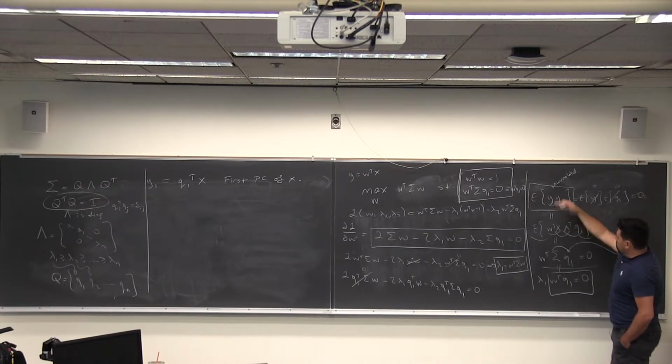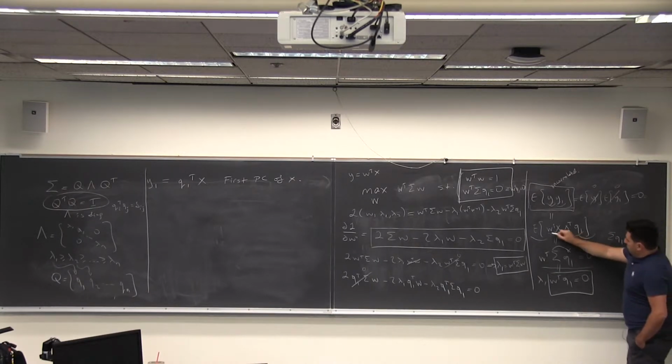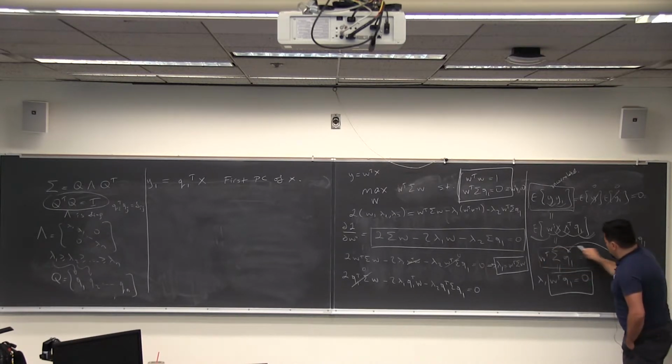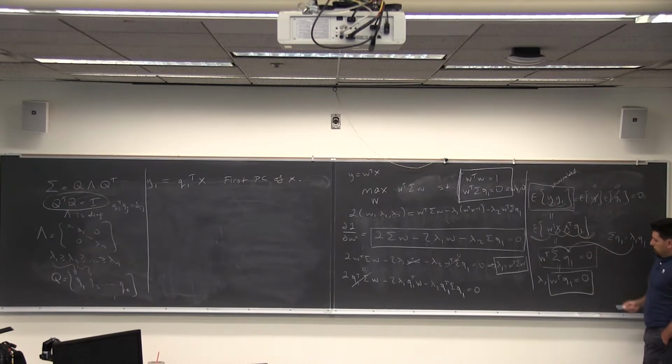Right? So that's plugging in the values. And then taking the constant vectors out of the expectation, so that it's W transpose sigma Q1. So this quantity, which must be 0, is this expression. So this became our constraint, which we used.